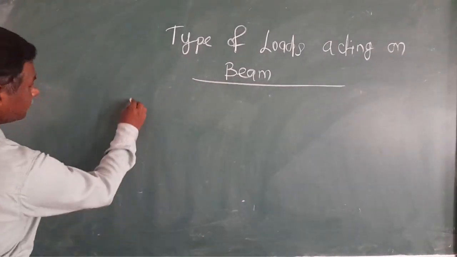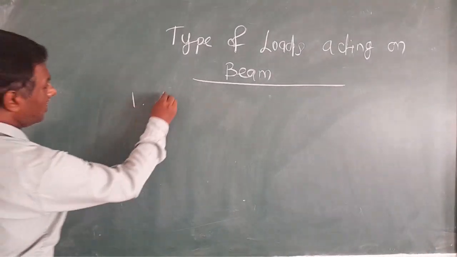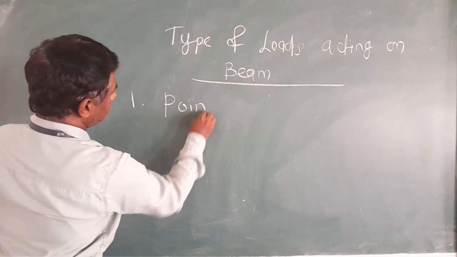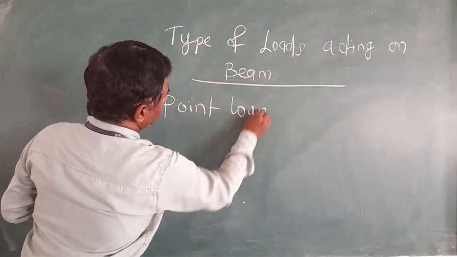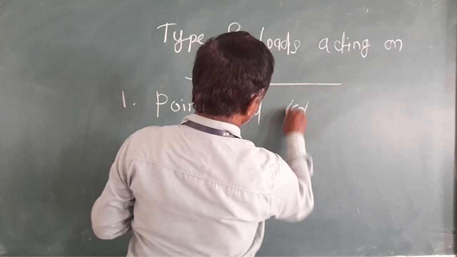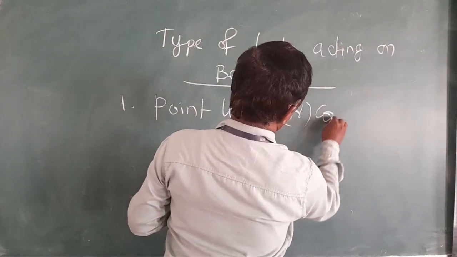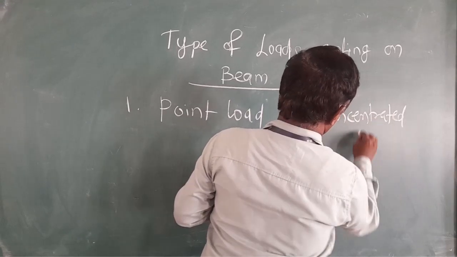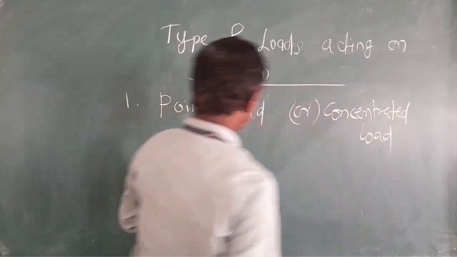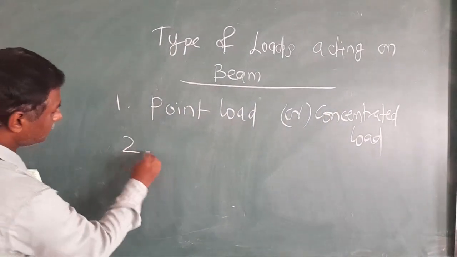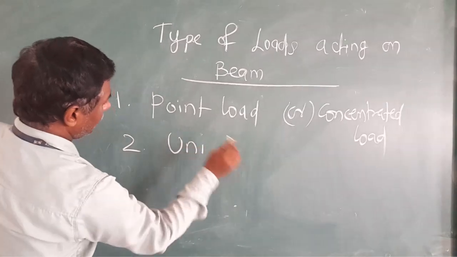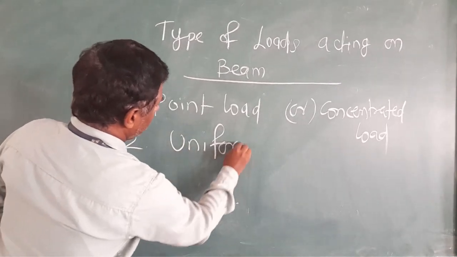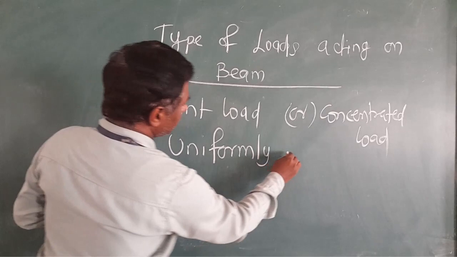First one is point load. It is otherwise called concentrated load. The second one is called uniformly distributed load.